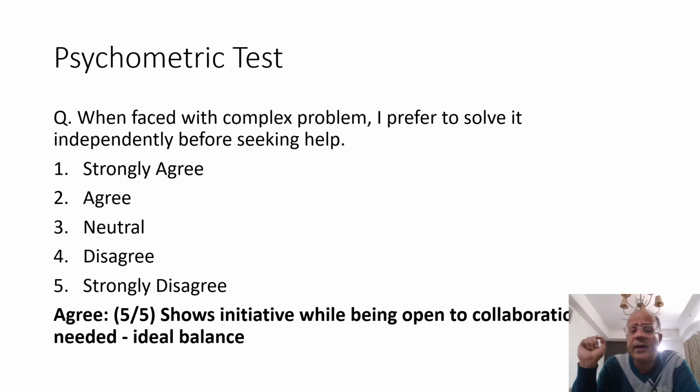Now, if I go with strongly agree, which did not fetch me the maximum, I happen to get 4. For some questions I'm going to get 5, for some questions I'm going to get 4. Certainly, I would not be going in the opposite direction.